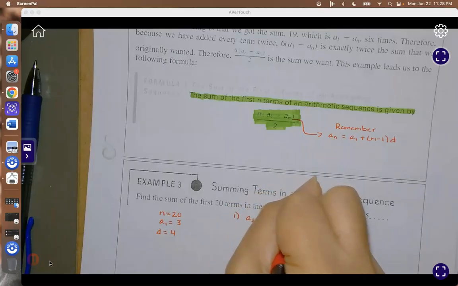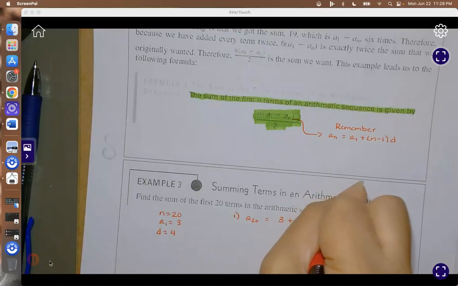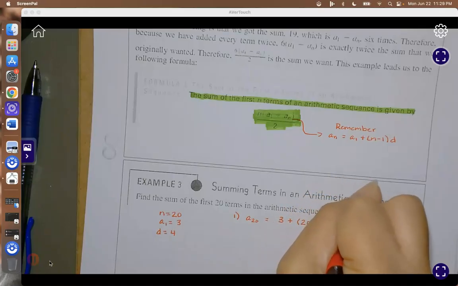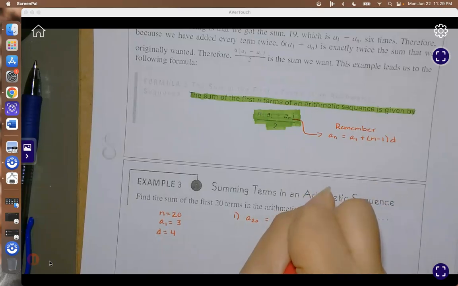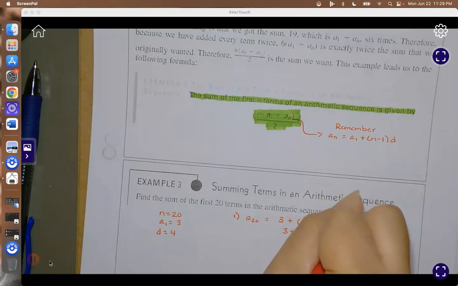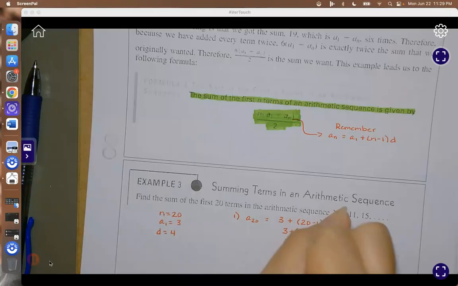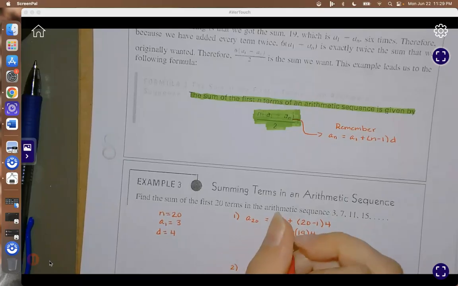So we're going to take the first term plus 20 minus 1 times 4. So this is 3 plus 19 times 4. So that's 3 plus 76. So a sub 20 is 79. Now we're going to find the sum.